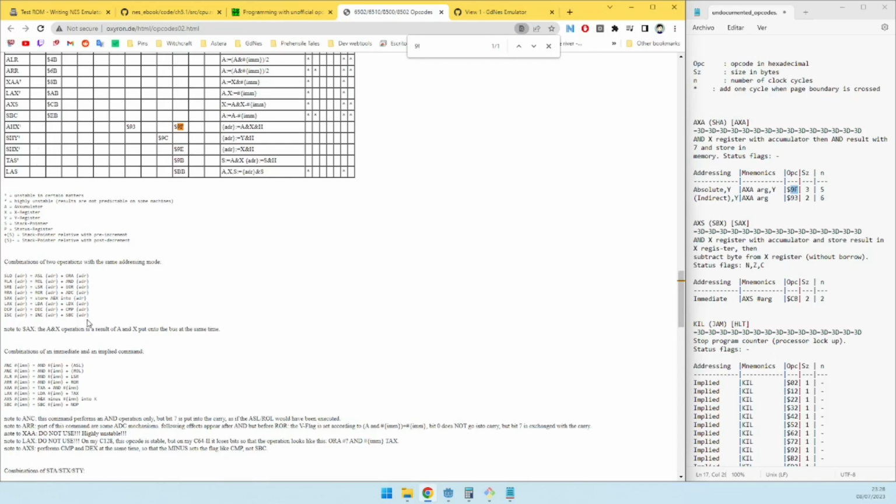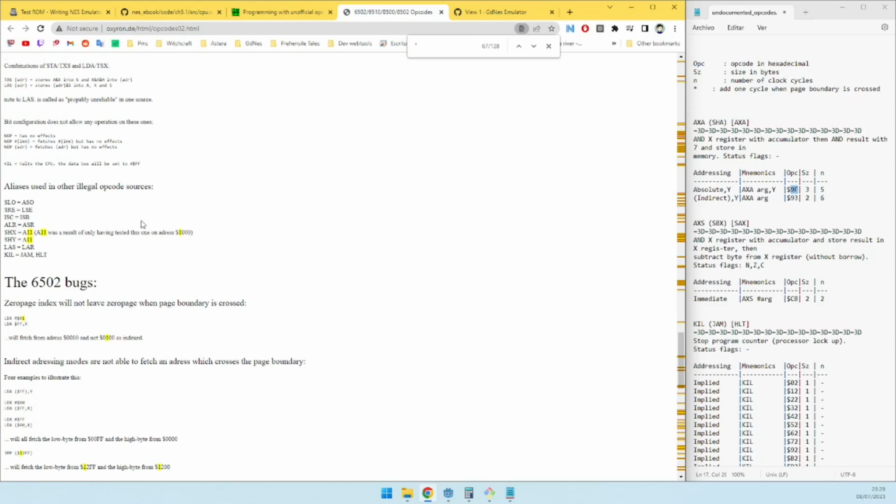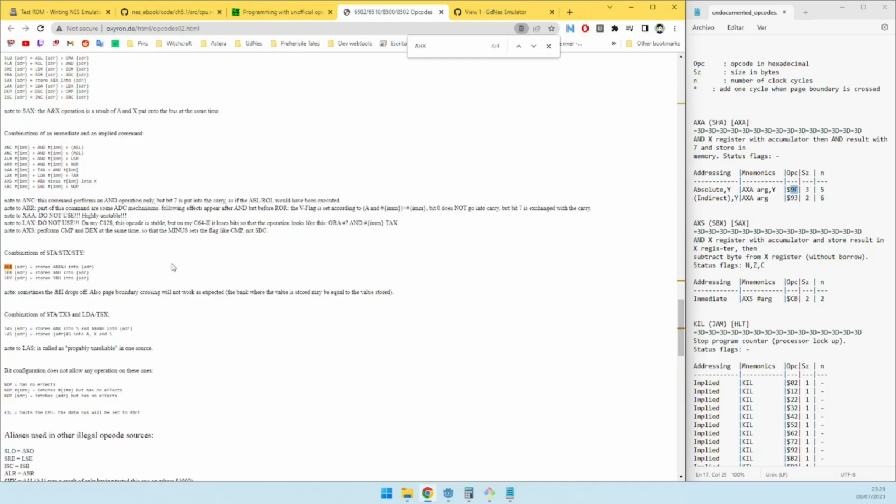So it has a note with the number 1. Can we find this? Unstable in certain matters. Is anyone making use of this? Is this anywhere else?